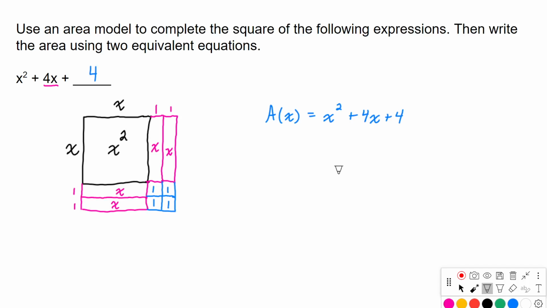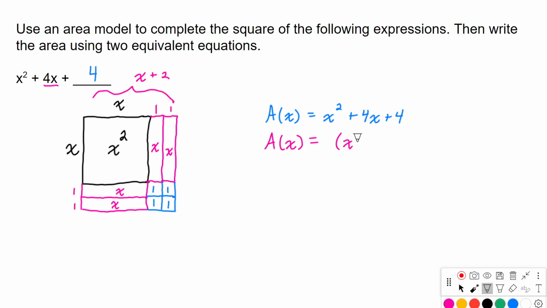But I could also write the area using the dimensions. I could write it as A of x equals the length of one side, so one side is going to have the length of x plus 2.